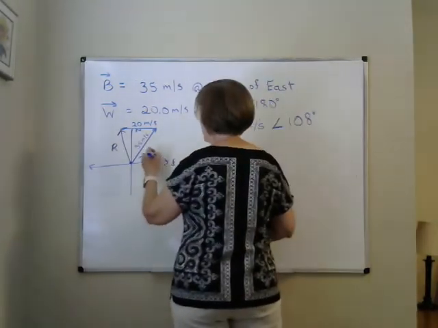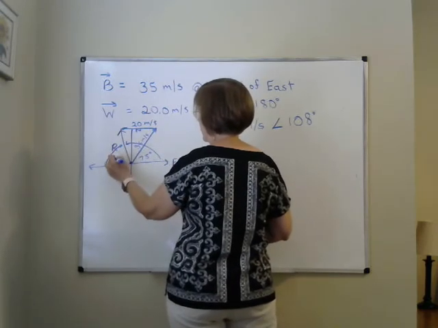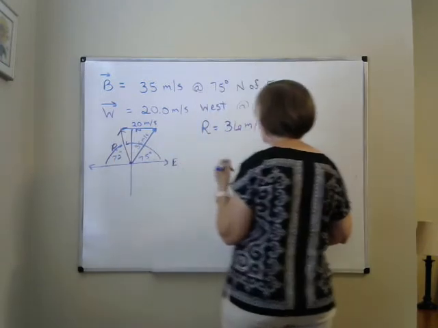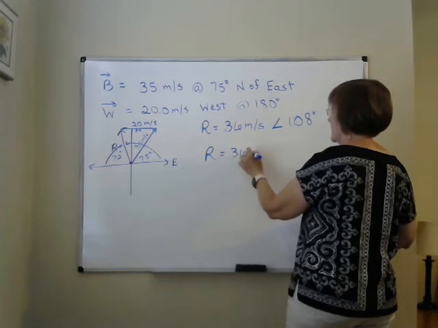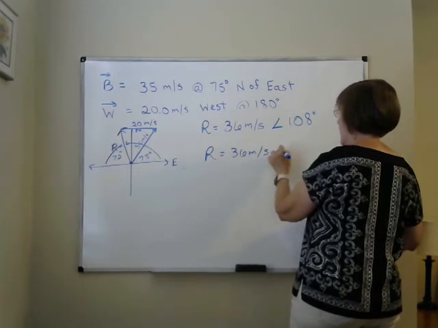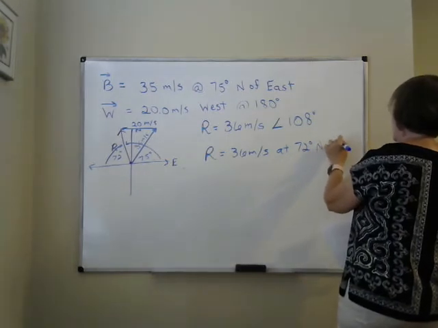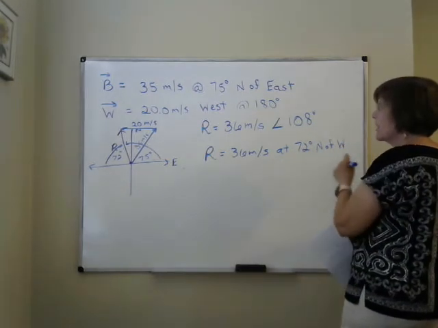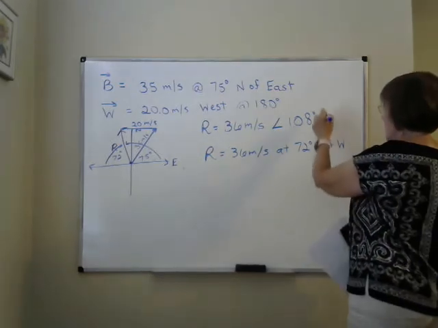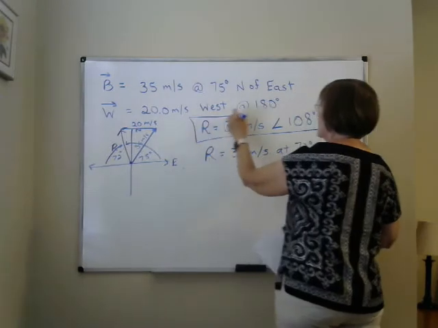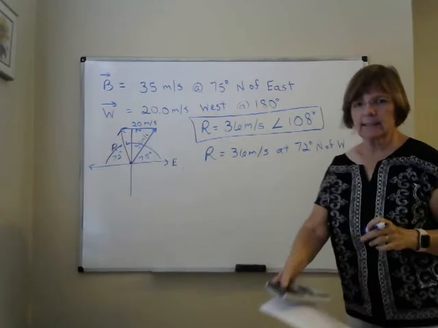If this is 108 degrees, that's 72 degrees. I could say 36 meters per second at 72 degrees north of west. But I'm not going to do that very often in this course. I'm probably going to just write it just like this. We all know we measure our angles from the positive x-axis.